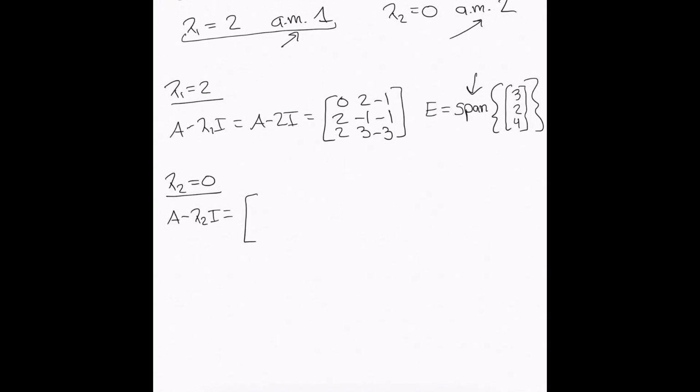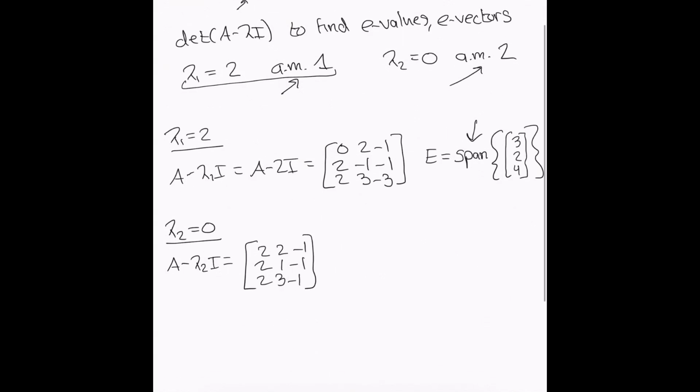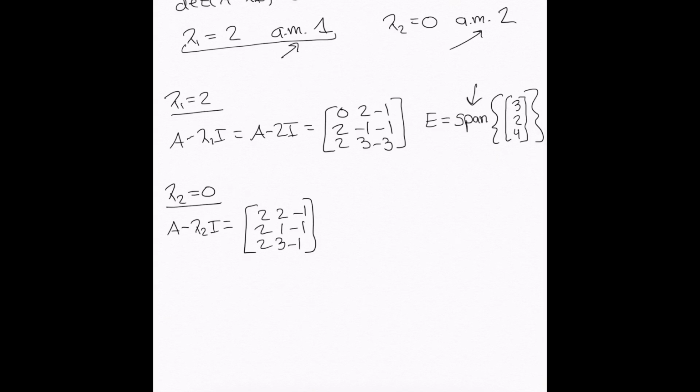So A was 2, 2, negative 1, 2, 1, negative 1, 2, 3, negative 1. And so this is tricky to find the eigenvectors here. So what I can do is row reduce this, which I obviously did with a calculator because I'm lazy, and we get this matrix here.